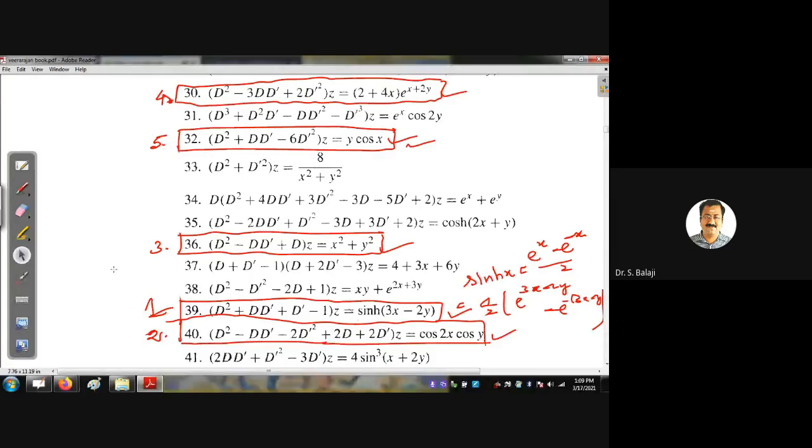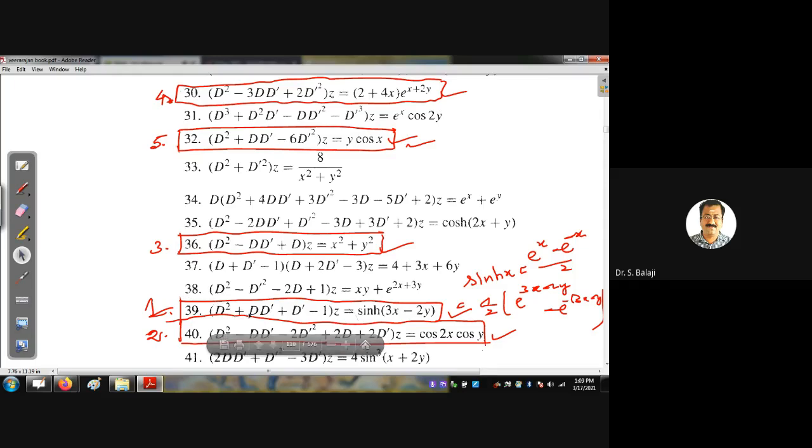Okay. Write down the first problem here. Number one. Solve the following PDEs. All of you just note down and give your answers one by one.